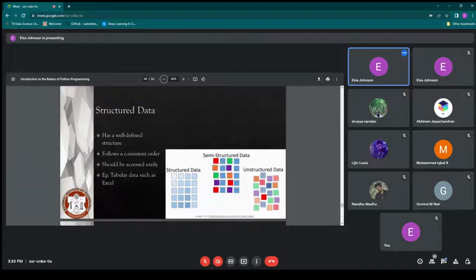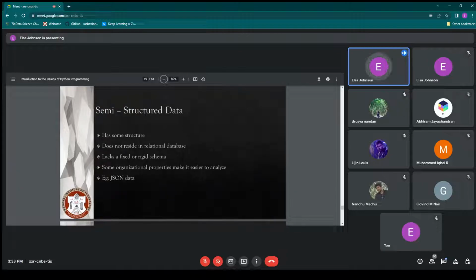In structured data, an example is tabular data such as Excel. Semi-structured data has some organizational properties present, which makes it easier to analyze, for example JSON data. For unstructured data, you don't have a structure.